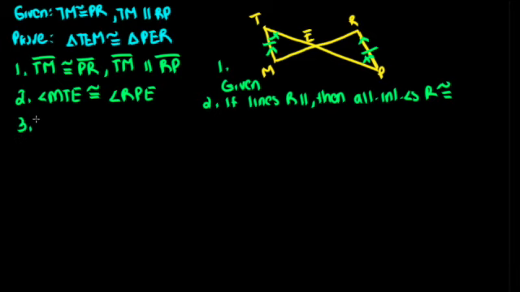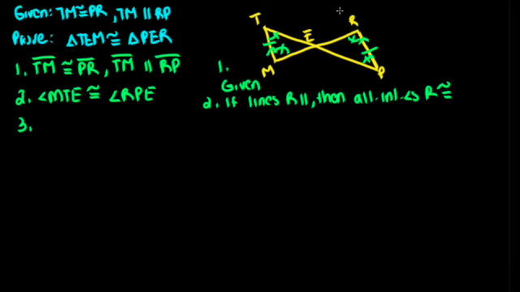However, angle MTE and angle RPE aren't the only angles that we can say are congruent. Angle TME, which is this angle over here, as well as angle PRE, are also alternate interior angles if you look at MR being the transversal.